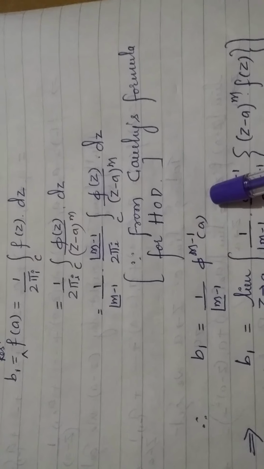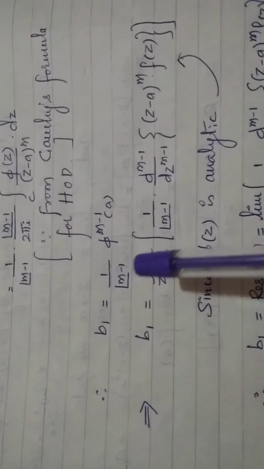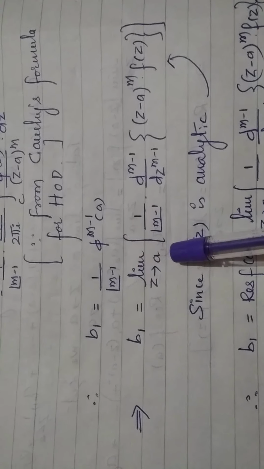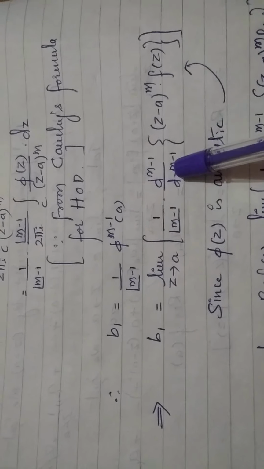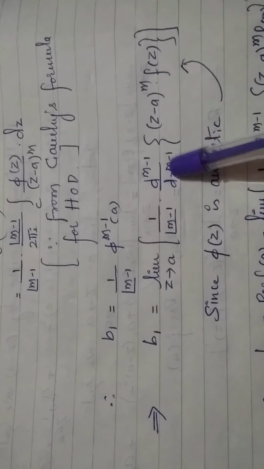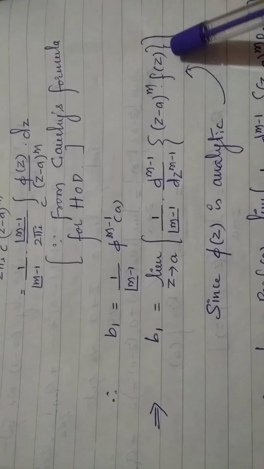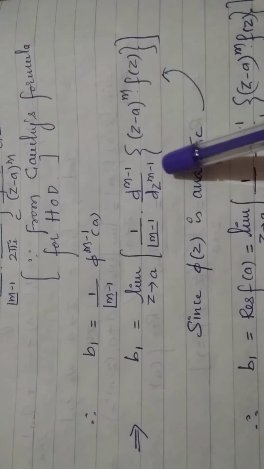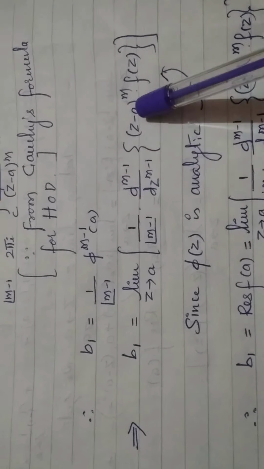of a. Yes. So b1 is equal to the limit as z tends to a of 1 divided by (m minus 1) factorial into the (m minus 1)th derivative of this quantity with respect to z. That is, d raised to m minus 1 divided by dz raised to m minus 1 of (z minus a) whole raised to m into f of z.